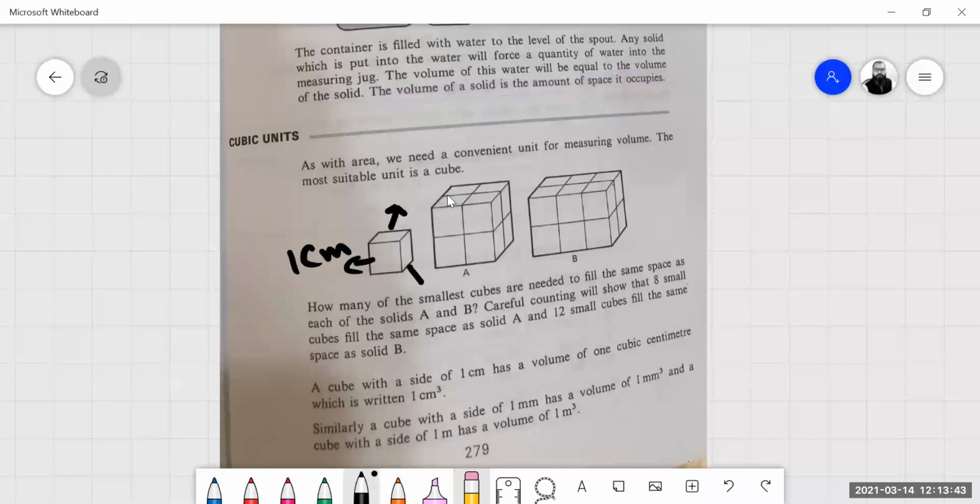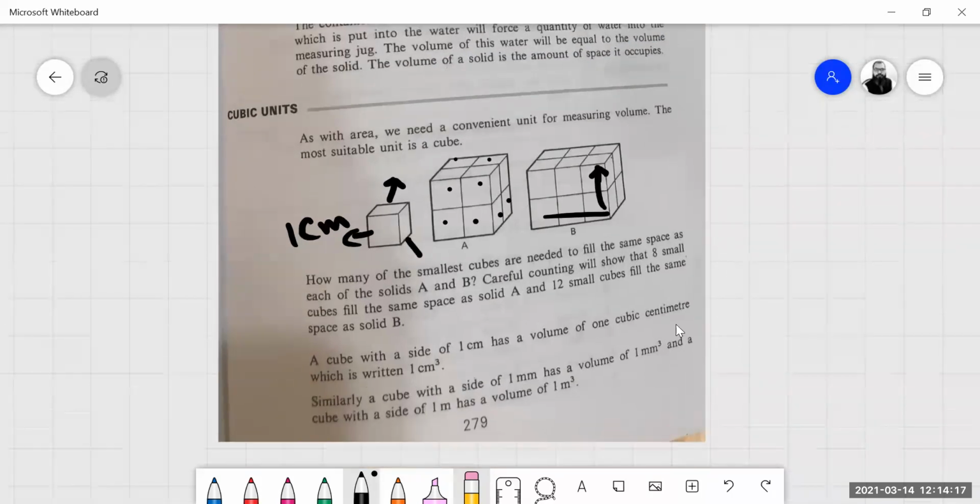We can see 1, 2, 3, 4, 5, 6, 7, 8. We can see 8 cubes here. So it means 2 centimeters up, 2 centimeters length, 2 centimeters width. And here how many? 3 and 2. This is 3 from this side and 2 from this side. This length and width will be 3 and 2.